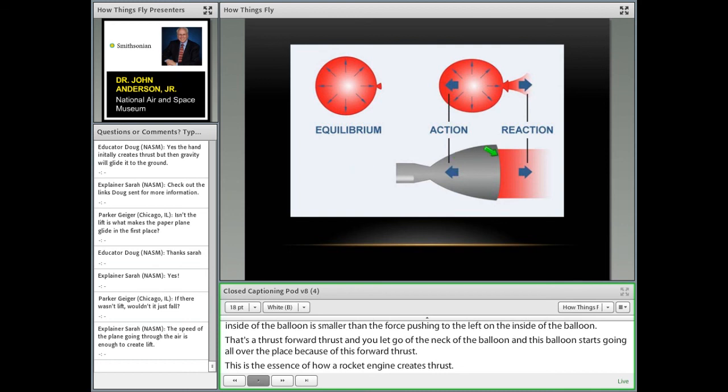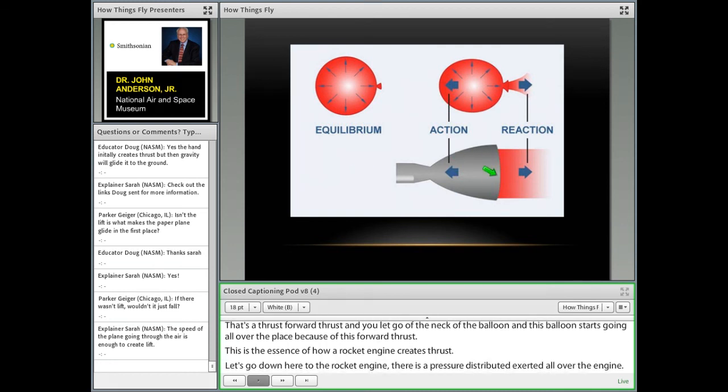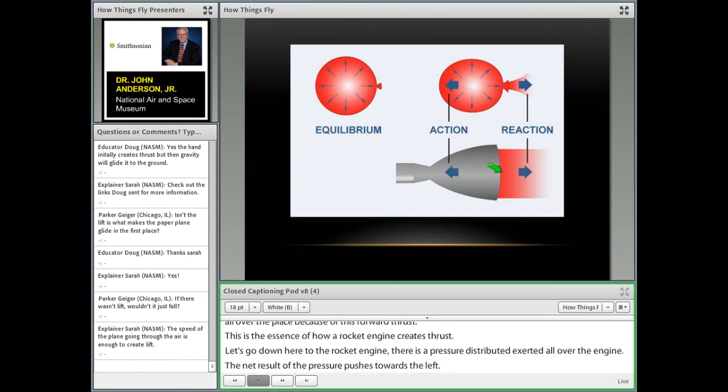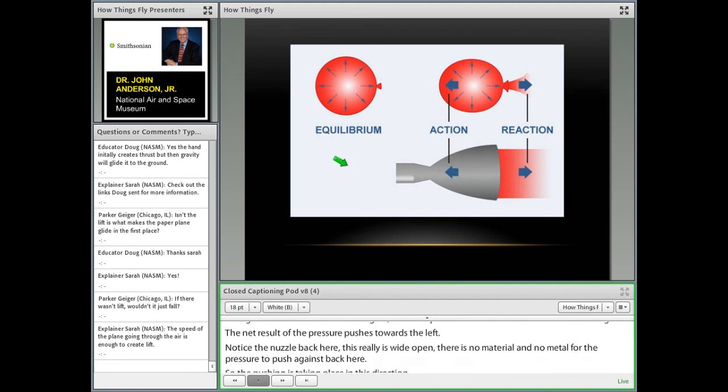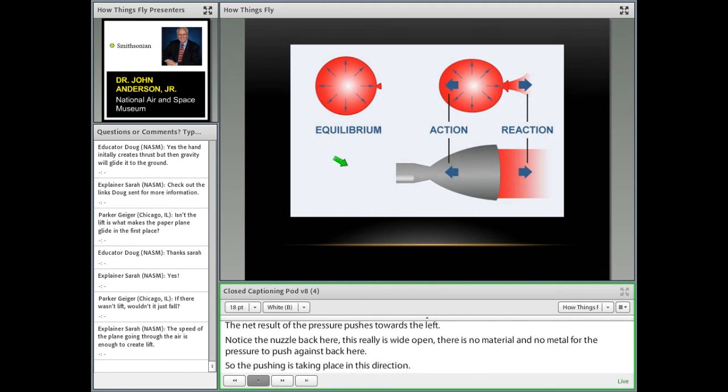Notice that the nozzle back here is really wide open. There is no material, there is no metal for the pressure to push against back here, and so the pushing is taking place in this direction. The pushing due to the gas pressure exerted on the surface pushes to the left. That's the thrust. That is how thrust is created.